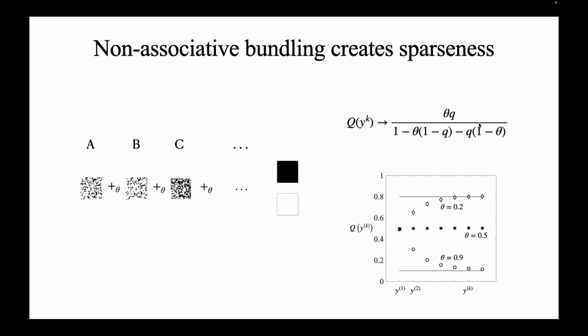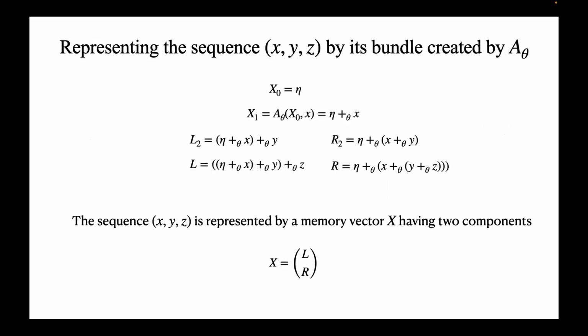So when you use this non-associative bundling, this kind of catastrophe cannot happen. Even an infinite number of states being bundled together gives you a completely state without any information. So therefore, we can create states simply by bundling.